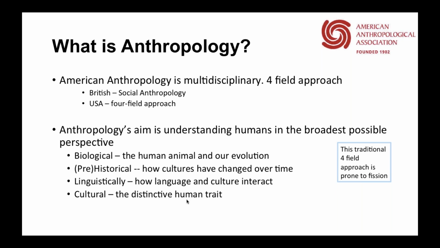So in the United States, there's this four-field approach which includes biological anthropology, which is about human evolution, osteology, primatology, human biology. And then there's an archaeological approach, but archaeology is really primarily a methodology for trying to understand patterns of cultural change over time and to describe at any point in time what the society and culture was like.